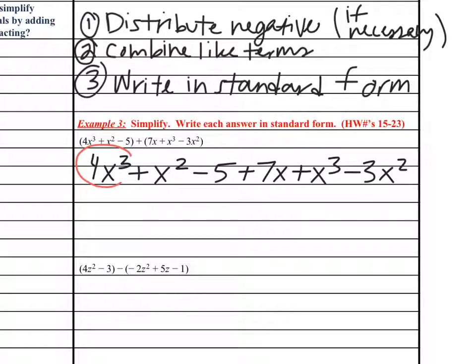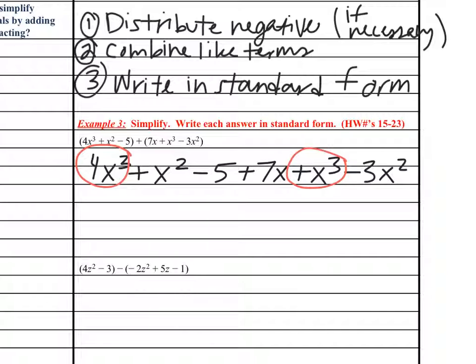Mark your like terms, please. What's a like term to 4x cubed? This one, right? These two are like terms because their variable is the exact same. Mark them. Make sure you take the plus sign in front.